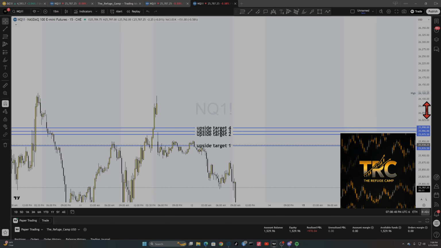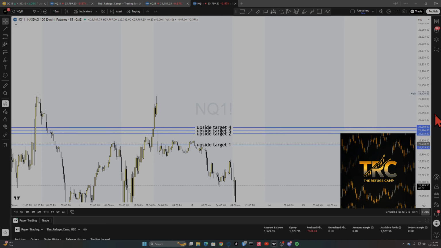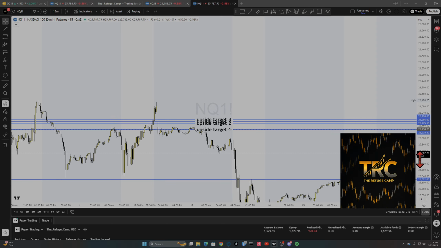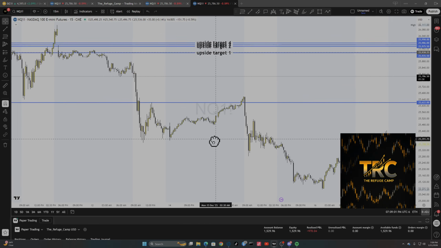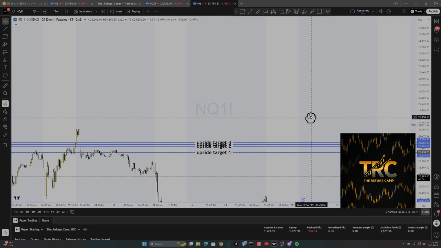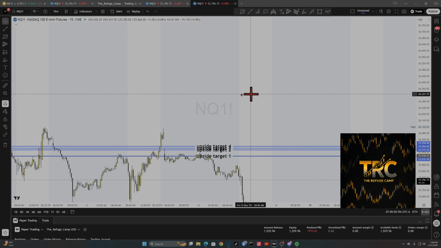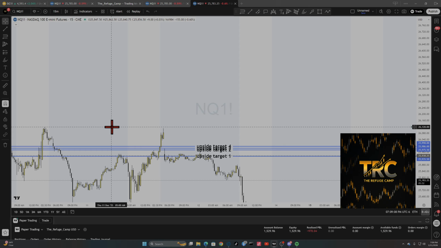What typically happens? Price will push down a little deeper before it comes back up and reclaims it, right? So when we see equal highs, same thing happens. Price is going to push back down deeper before it comes up and reclaims it. So my 5th target would legitimately be right here at 26,120.